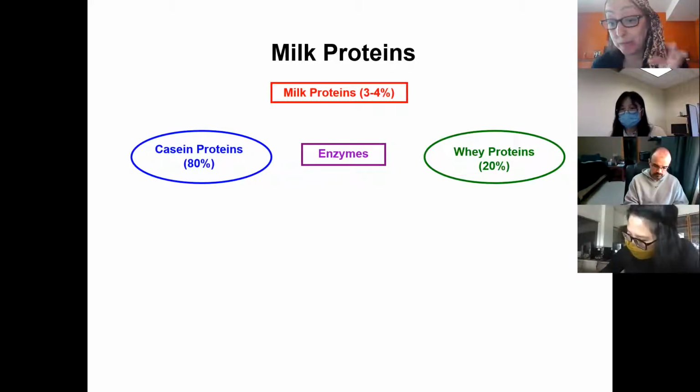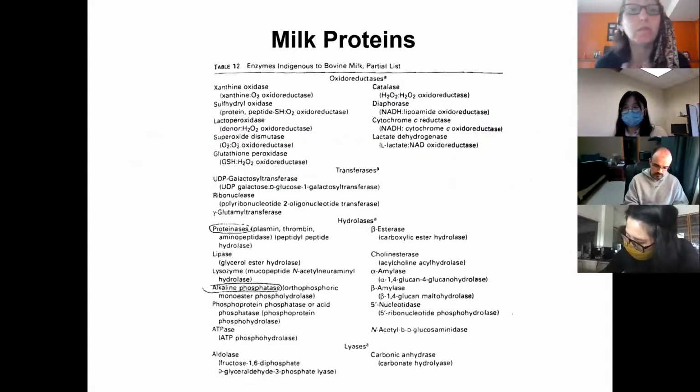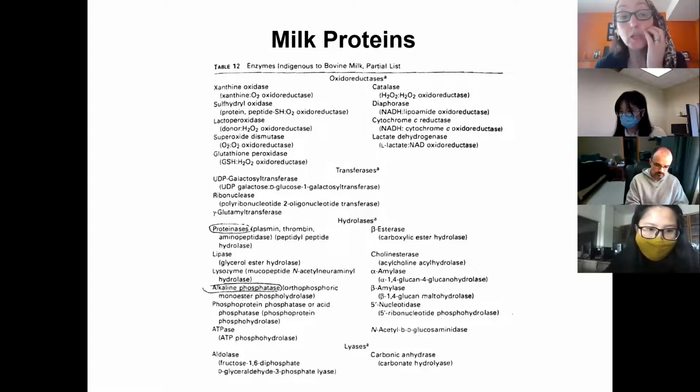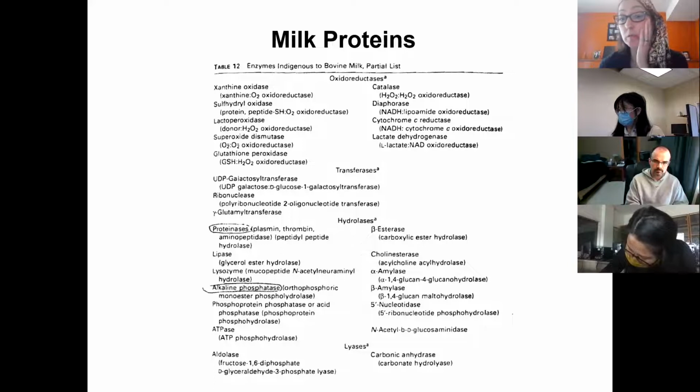And there are a lot of enzymes. And they are present in small concentration, but they are impactful enzymes. There is a whole list of enzymes present in milk: oxidoreductases, transferases, hydrolases. I circled here proteinases, especially plasmin. This enzyme has consequences on the quality of milk. It impacts shelf life of milk.